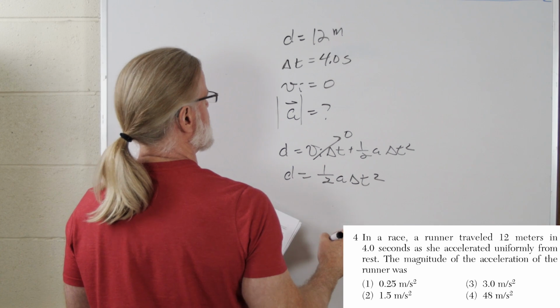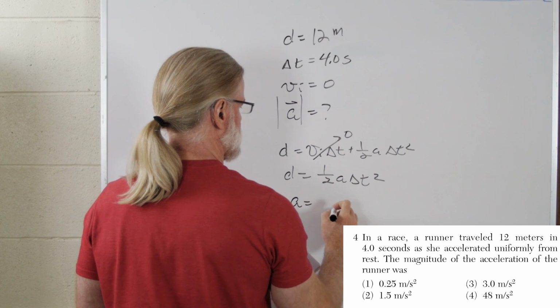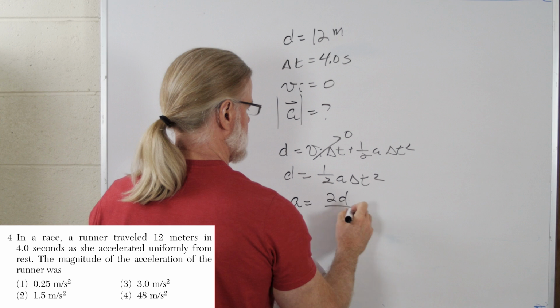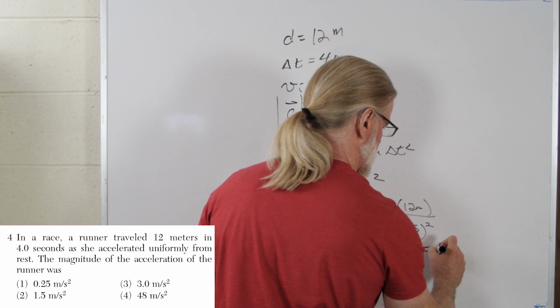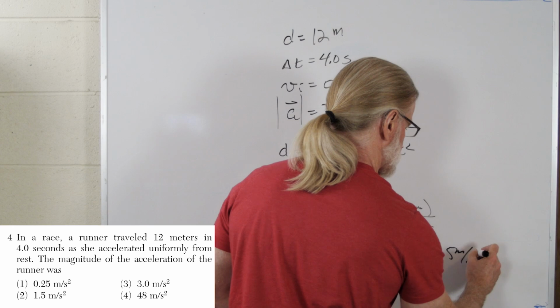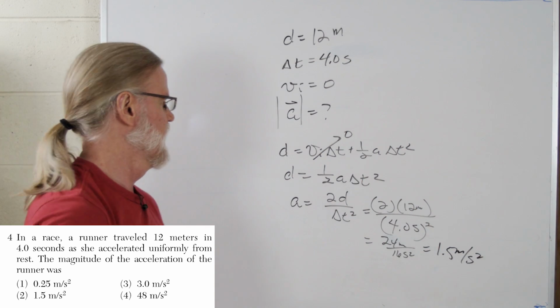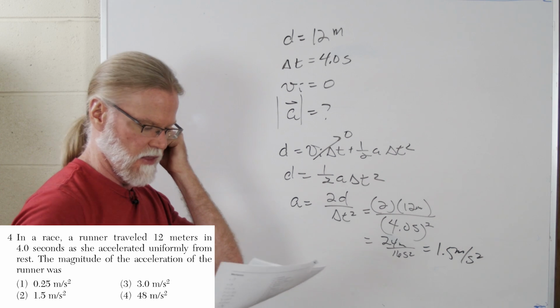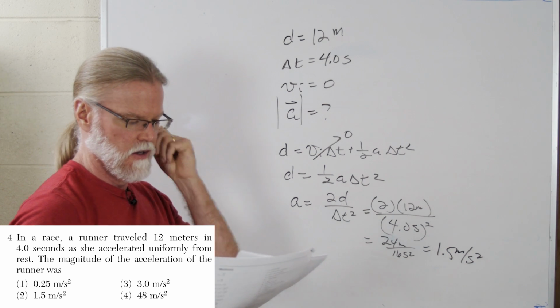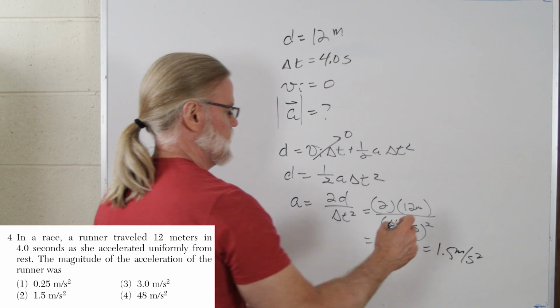And let's see. Acceleration is going to equal 2d over our time squared. And that looks like it's 1.5 meters per second squared. Again, they didn't ask for direction, so it's just a magnitude thing. They actually said the magnitude. So I guess the choice was 2.